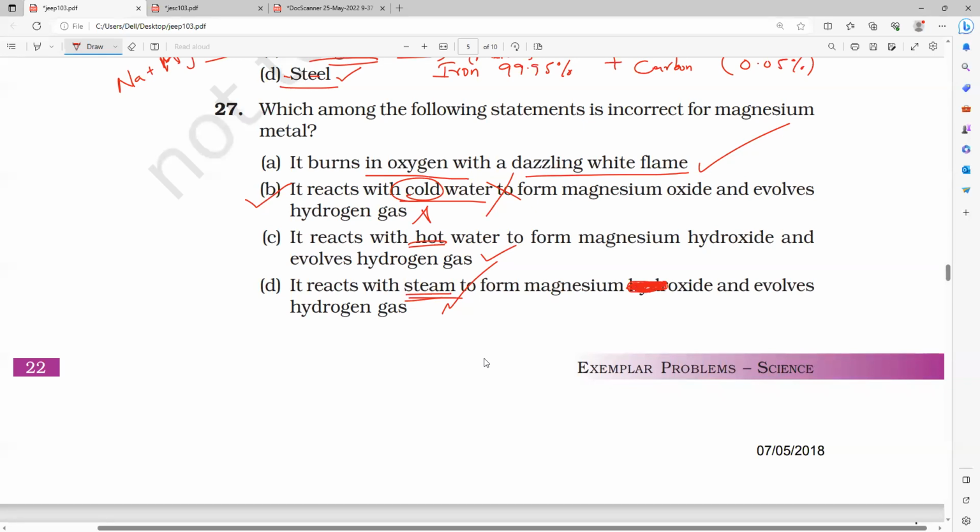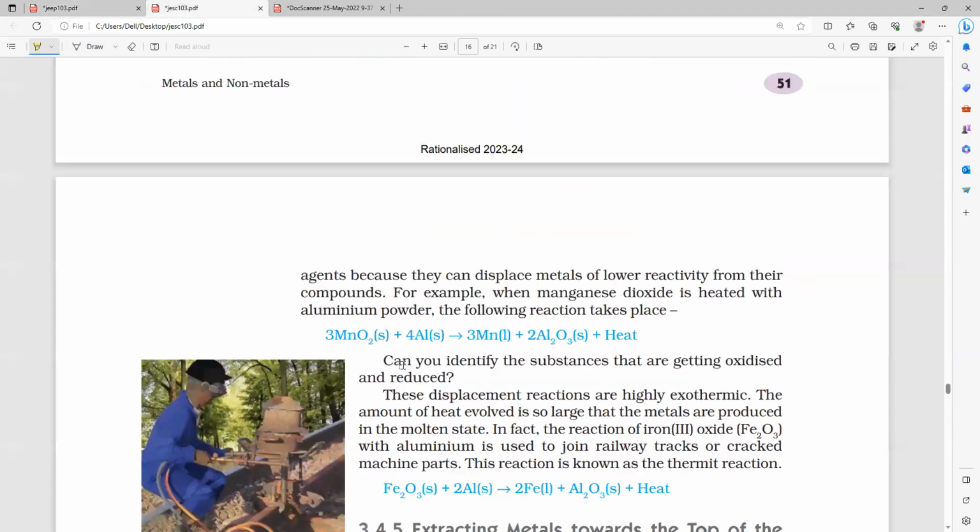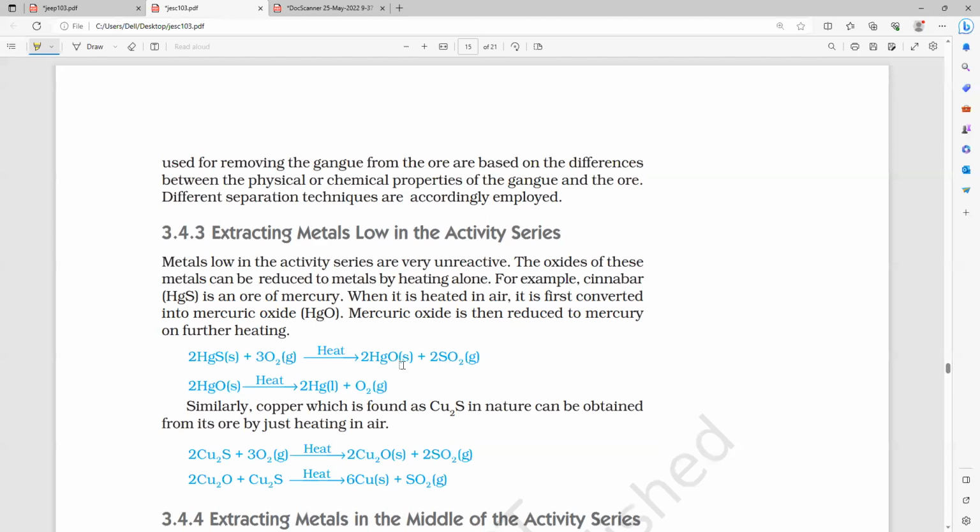Because any metal reacting with steam will produce magnesium oxide only. Am I right? So that's what you have to remember. It is a basic reaction, you should remember that. So when they react with the steam, let us verify in the book also.